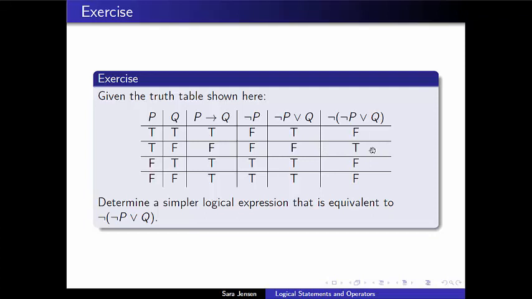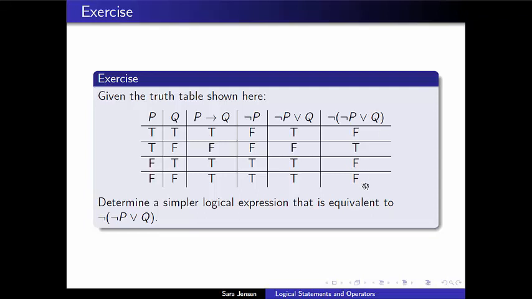What I'd like you to think about for an exercise is how many false values appear in this column. What does that seem similar to in terms of our previously understood logical operators? Does it seem most similar to an and statement, an or statement, or an exclusive or statement?